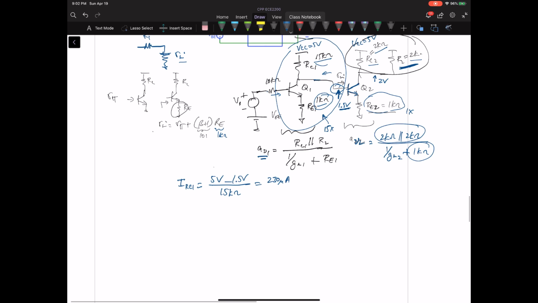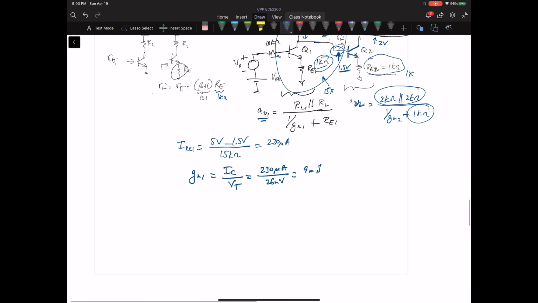Let's say my input resistance to the second amp is really high, so all of the IRC1 goes through the collector of Q1. So then gm1 is I sub C, and I'm going to make sure that is the case later, 230 microamp over 26 millivolts, and that is equal to 9 millisiemens.